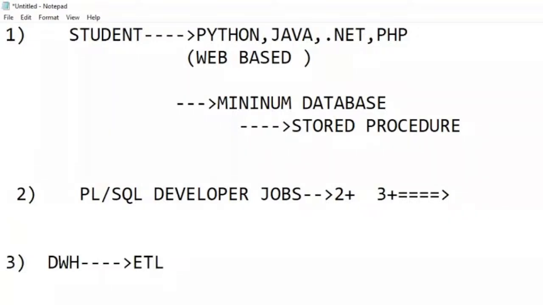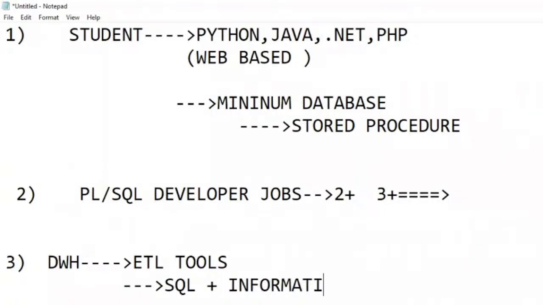ETL means extraction, transformation and loading tools. These persons need a little SQL knowledge, PLSQL is not required. Having an idea of SQL, they learn tools in institutes. Informatica is a very popular tool.